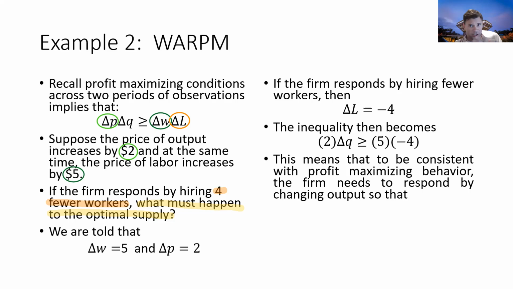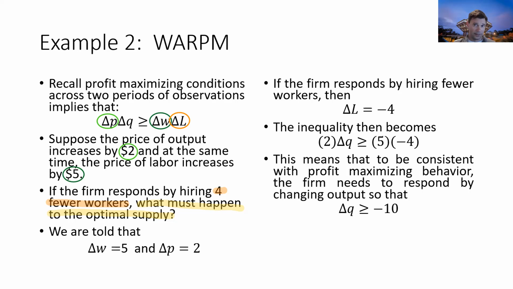So this should give us a constraint on what must happen to the quantity. What is that constraint that's implied here? Yeah, very good. It has to be the case that delta Q has to be at least as big as -10.